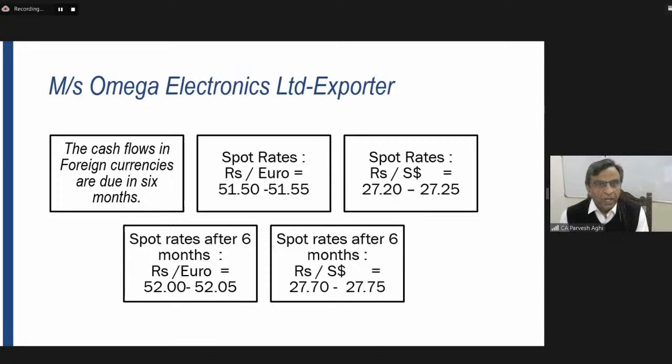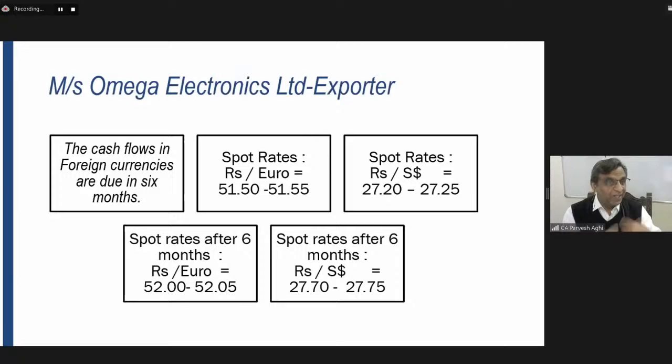Okay, fine. And let's look at the Singapore dollar, because his costs come from Singapore. So the rates have gone up from 27.20 to 27.70, 50 paisa. That's a big amount. And the ask rate is also gone up from 27.25, so both bid and ask have appreciated. So his imports have become costlier.